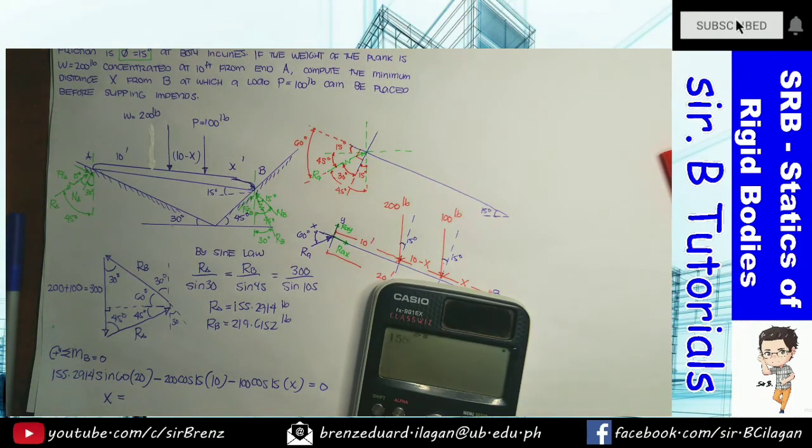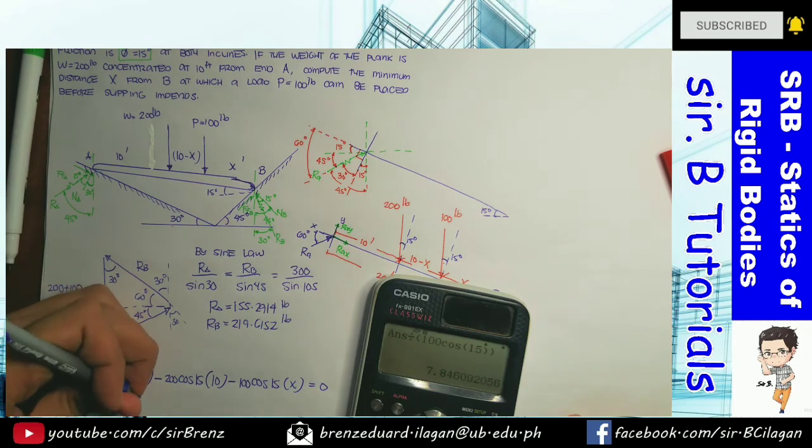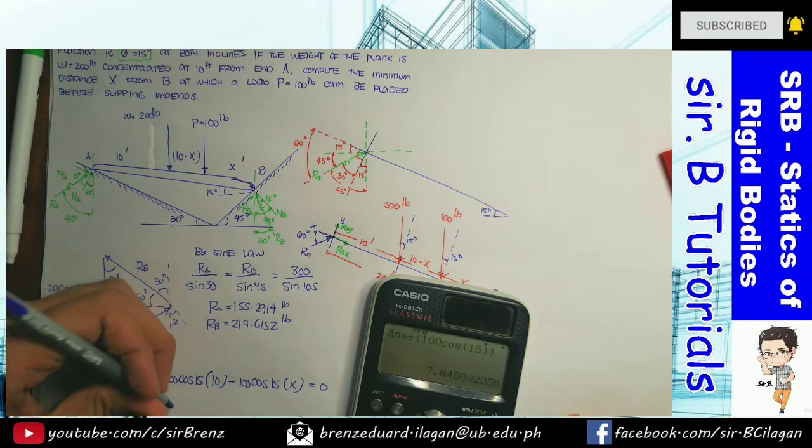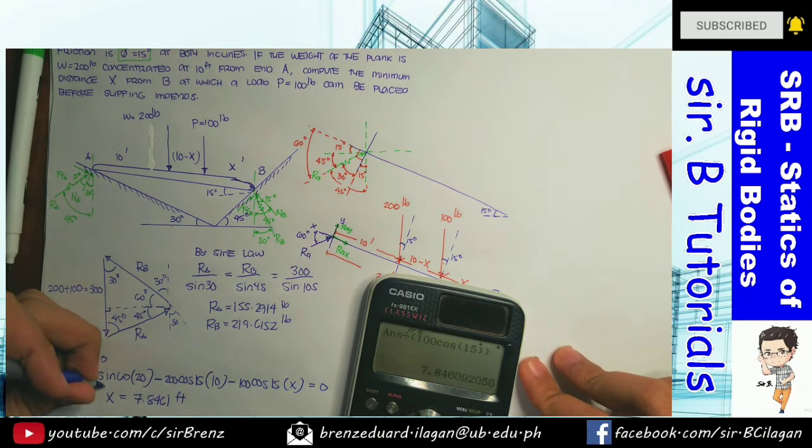So, 155.2914 sine 60 times 20 minus 200 cosine 15 times 10, then divided by 100 cosine of 15. So the answer is 7.861 feet. Okay? So this is the answer.